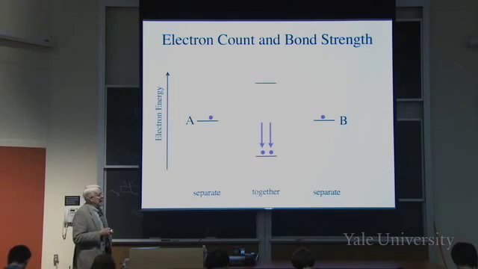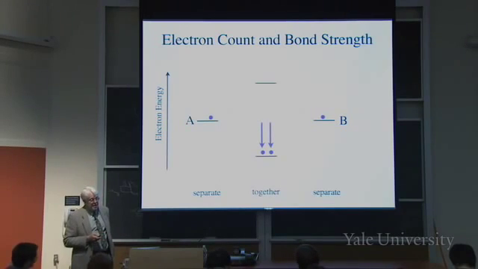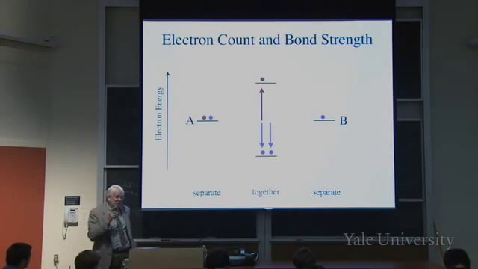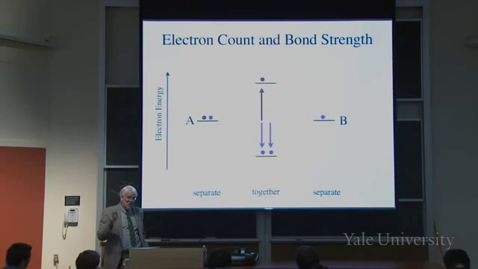Okay. Now suppose we had 3 electrons. What's going to happen? One of them is going to have to go up instead of down. And in fact, it will go up further than either of the others went down, even neglecting electron repulsion, right?